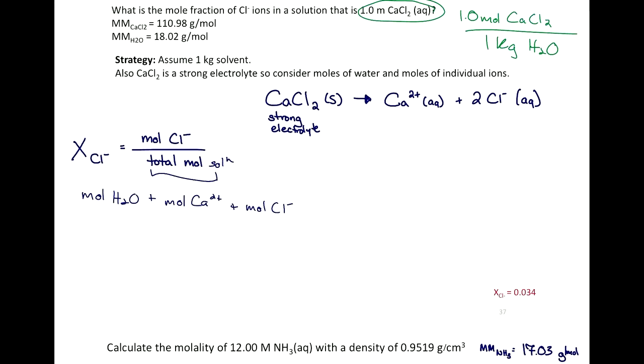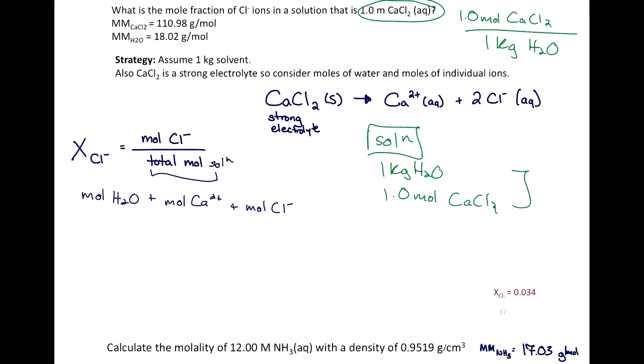So the solution we're working with contains 1 kilogram of water, but what else is there? 1 mole of calcium chloride. So those are the 2 things that we combined to make this solution, a mole of the salt and a kilogram of water. So how do you think we can calculate moles of water?